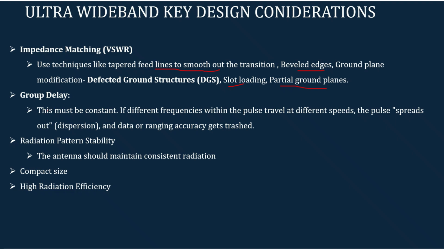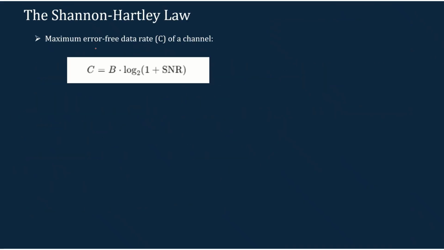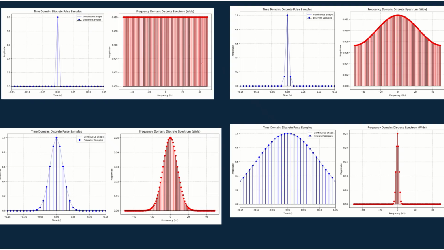Another characteristic we have to consider is group delay. So let's see what is meant by group delay. This is the definition: group delay is the time it takes for a specific frequency component to travel through a system. The system can be a transmission line or anything. Let's see our ultra wideband scenario. We know that in ultra wideband we have loads of frequency components from 3.1 to 10.6 gigahertz.